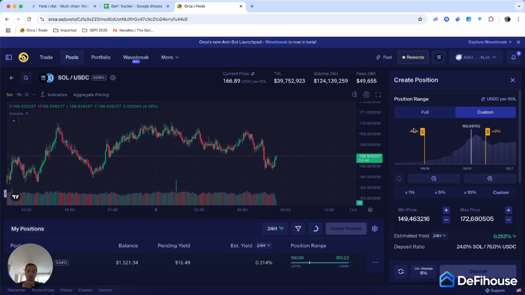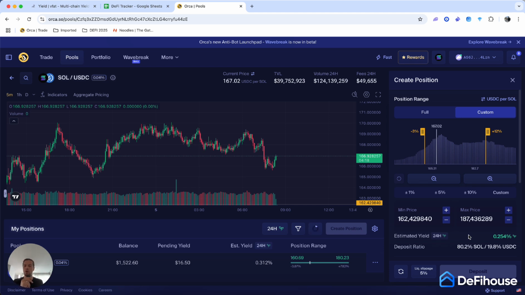And vice versa would happen if you do only, let's say, 3% down and way more on the way up, let's say plus 8% or plus 12%. In this case, you will be depositing most of your deposit into Solana and just a bit in USDC, 80-20 in this case. So this is how the whole range system works.